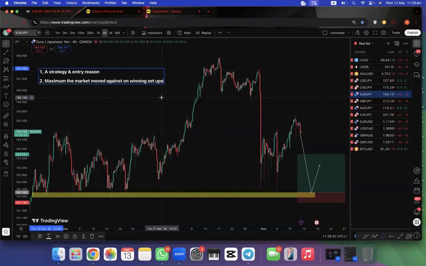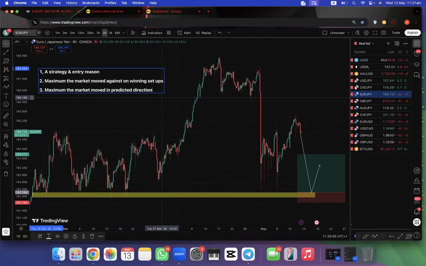Then, the maximum the market moved in predicted direction. This tool now is there to help you get an idea of your stop loss and TP.